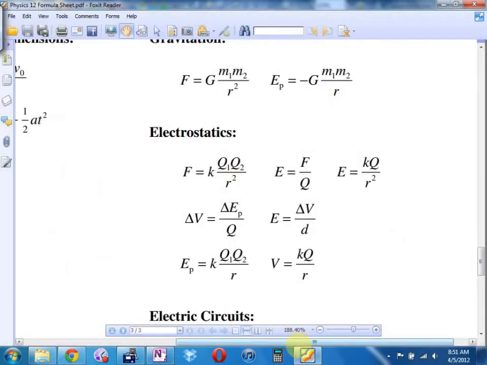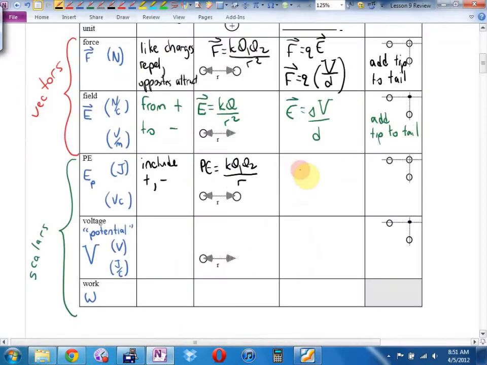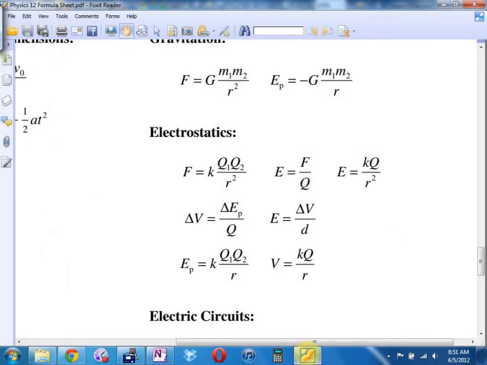Potential energy between point charges was K, Q1, Q2 over R. What was the potential energy between plates? Oh, this one, except get the potential energy by itself.